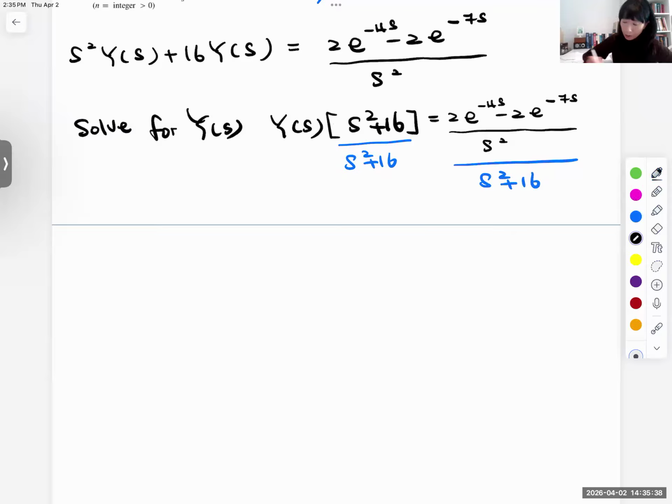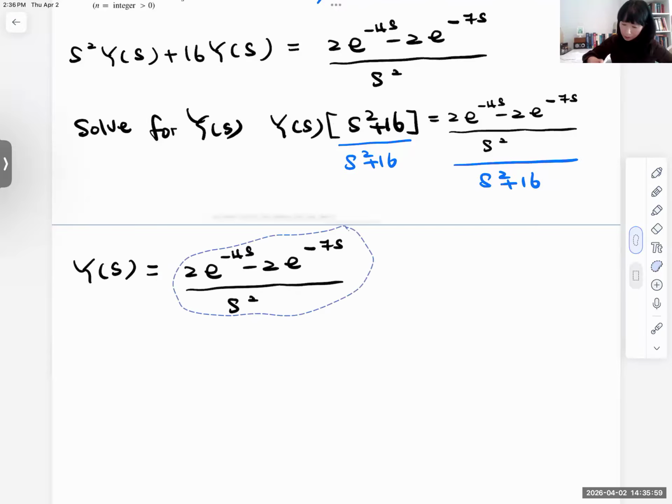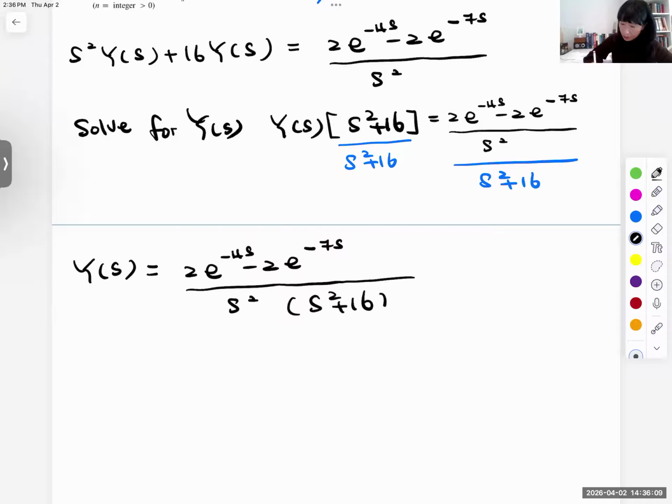So we will have Y of s equal to that fraction over s squared plus 16. Paste it again, then over s squared plus 16. This is the one.